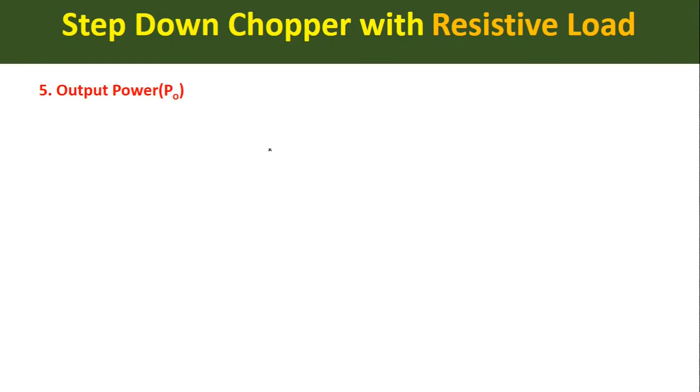Now we will find out the output power, which is represented by P0. The output power P0 will be equal to VL RMS into IL RMS.